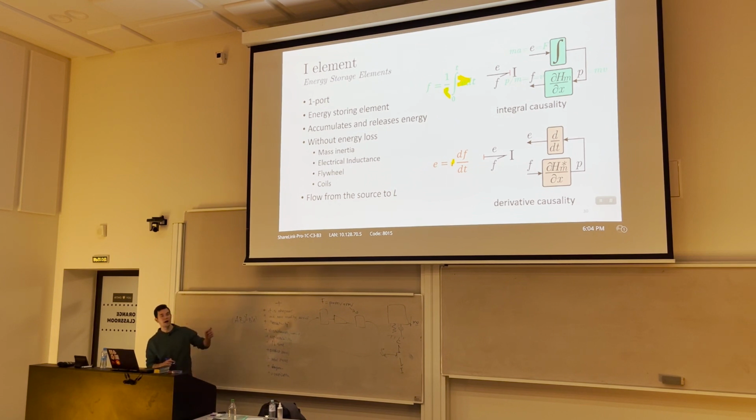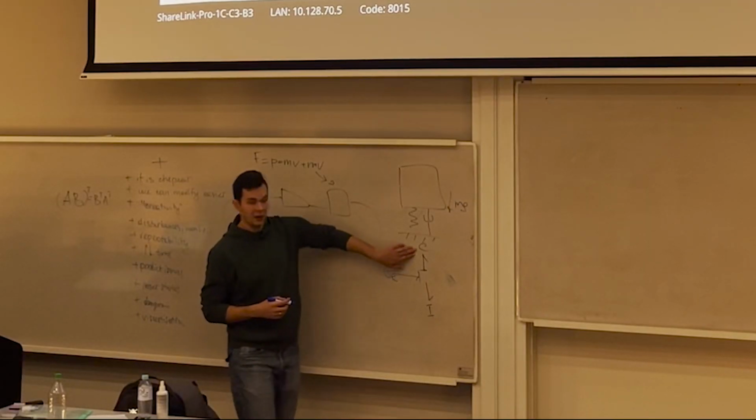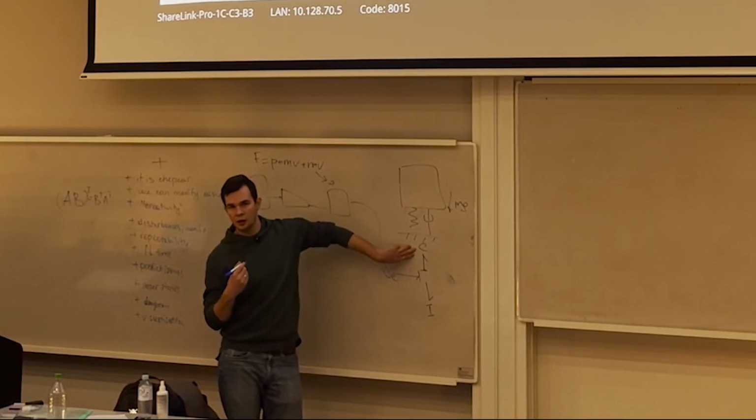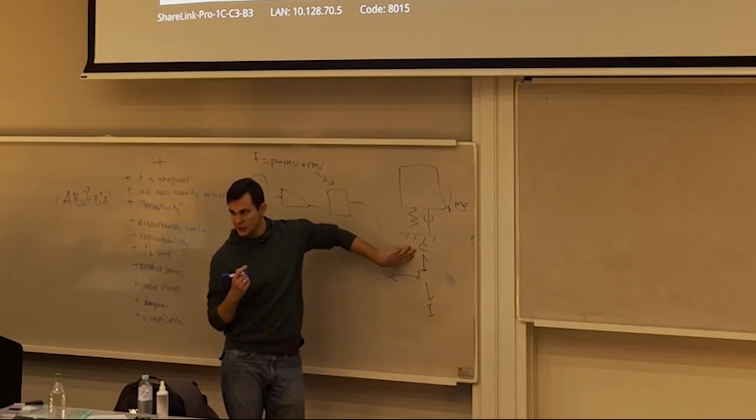It's letter I. I means inertia or inductance, but it's just element I. I element and C element both store energy, but different kinds of energy. C, for example in mechanics, is able to store potential energy in the spring.